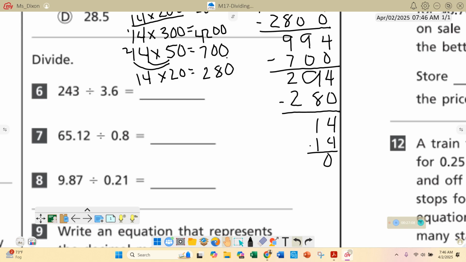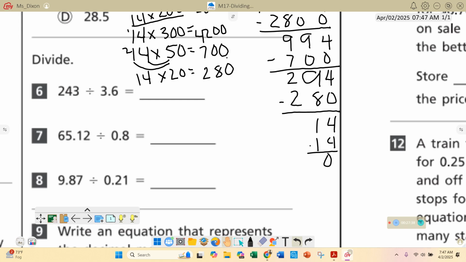Once it is turned into a whole number, then you move your decimal in your dividend the same number of places and then solve. The biggest thing you have to remember with dividing decimals is that you cannot keep the decimal in your divisor. You must change it to a whole number.